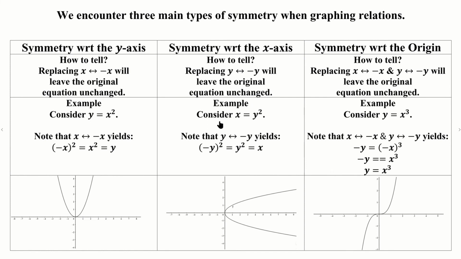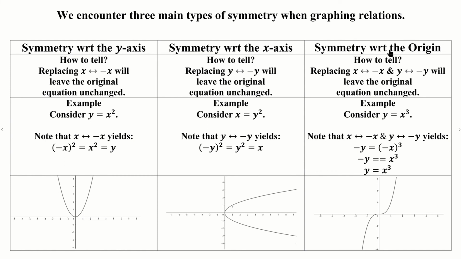So here's a good example of that, the horizontally oriented parabola known as x equals y squared. Notice that if we replace y with negative y, we get quantity negative y squared, which is y squared, which is of course x. So that leaves the original equation unchanged, you see? And that's how we know, just by looking at this, that this should have symmetry with respect to the x-axis.